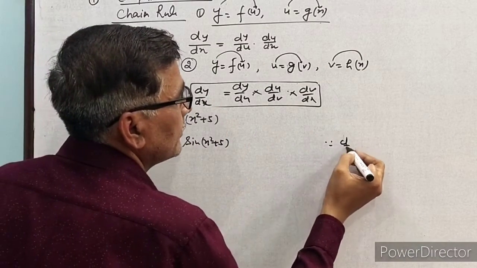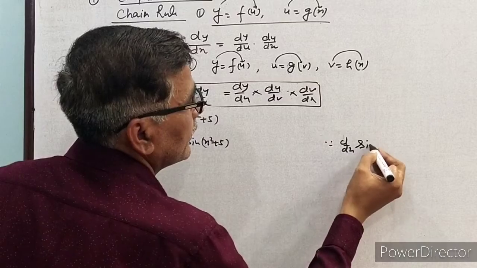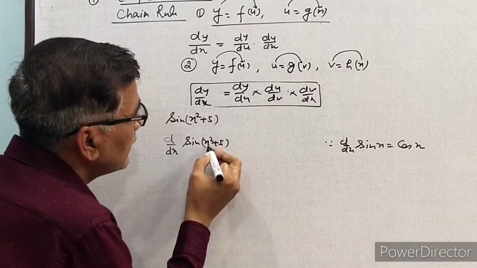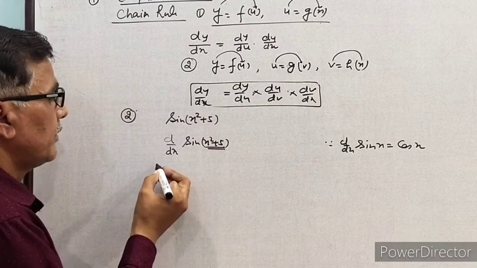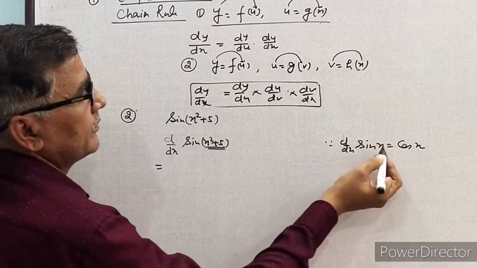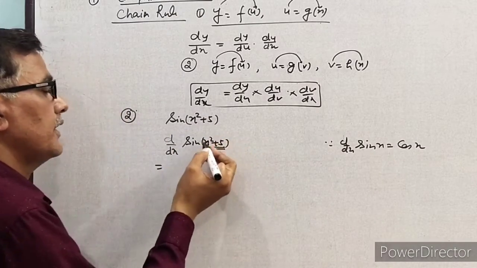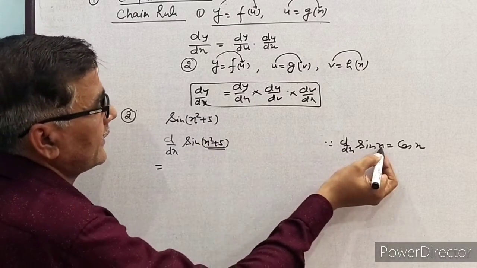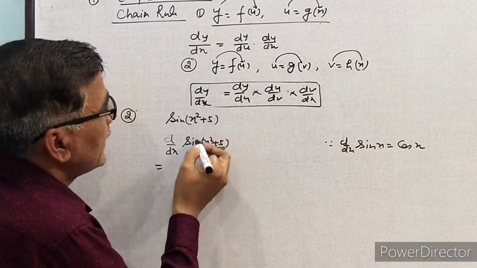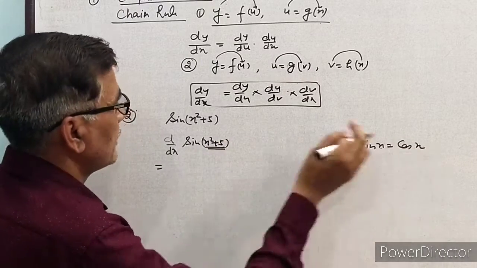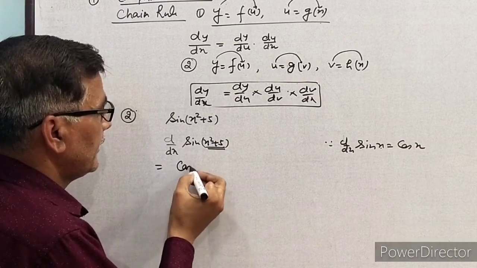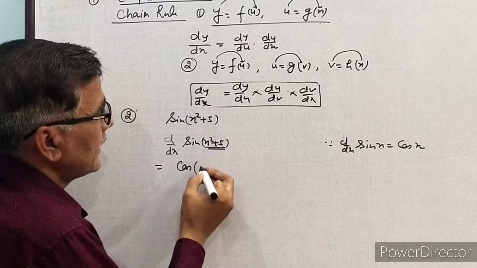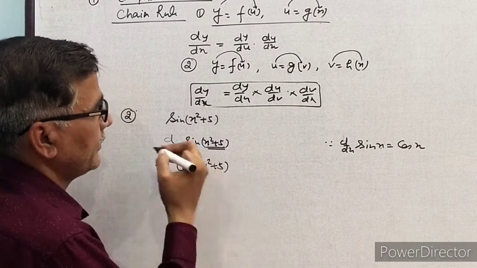As you know, d by dx of sin x is equal to cos x. Consider this x^2 + 5 as x. If this is x, then sin x becomes cos x. So we can write here cos, and x we have supposed as x^2 + 5.